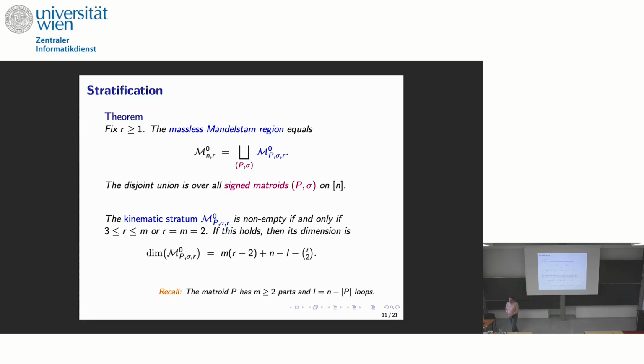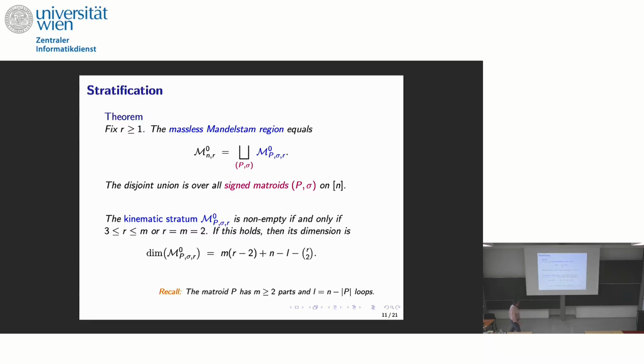Now, if it's non-empty, we can ask what is the dimension. Not only varieties walk into the door and we ask for their dimension; sometimes semi-algebraic sets walk into the door and we ask for their dimension. So the kinematic stratum has dimension M times (R minus 2) plus N minus I minus R choose 2.